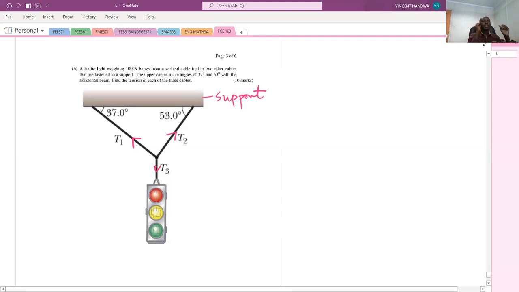So the assumption taken in this problem is that this system of traffic lights is at equilibrium.